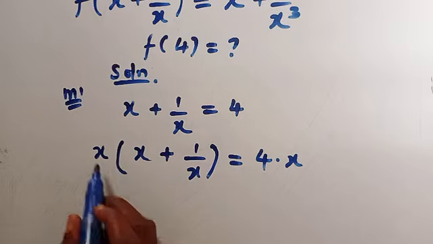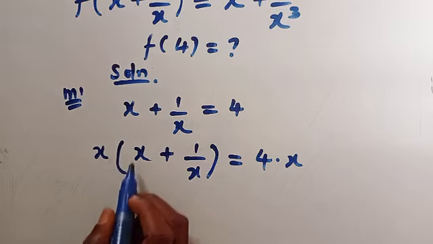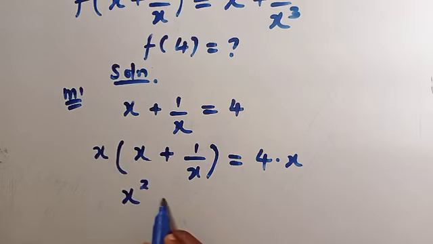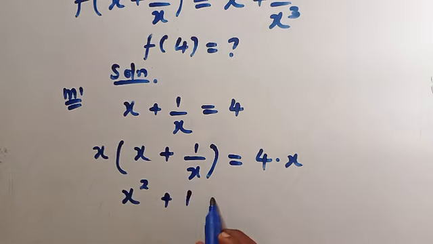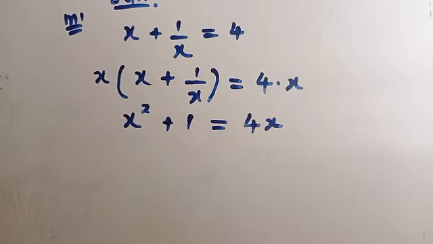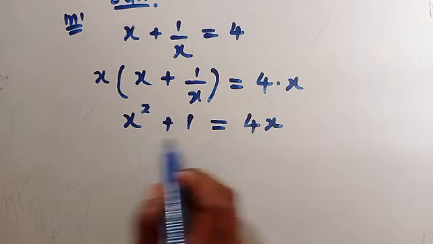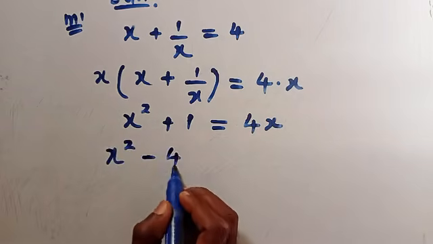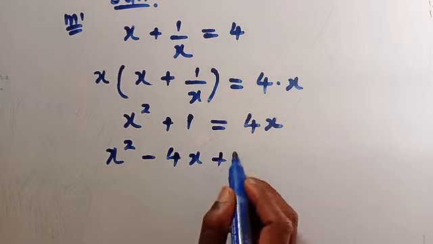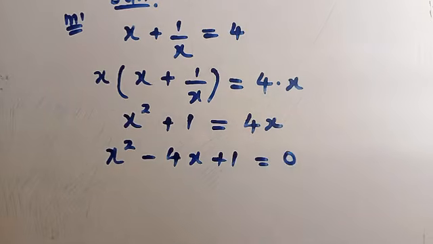So opening this parenthesis, x multiplied by x is x squared, plus x multiplied by 1 over x, that is 1, equals 4 multiplied by x, that gives us 4x. In the next step, we transfer this 4x to this side, and we have x squared minus 4x plus 1 equals 0.